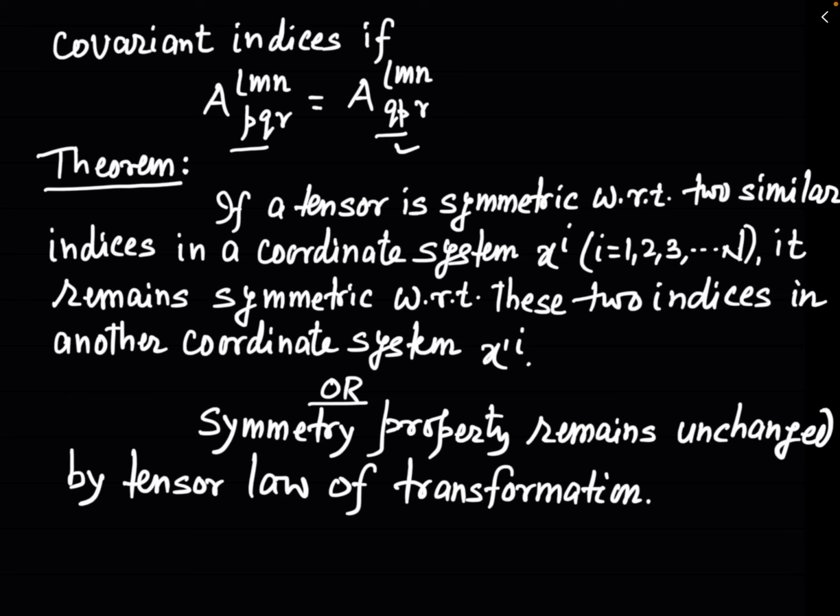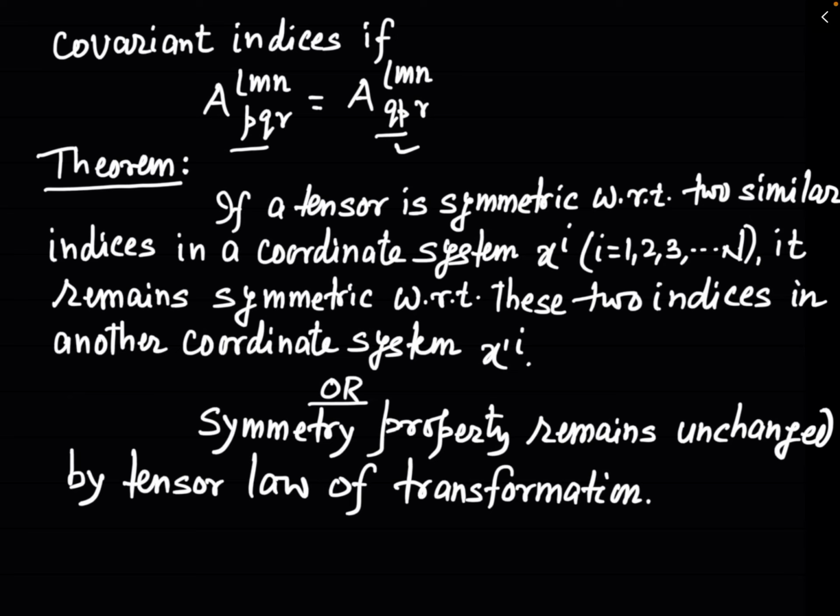So this is the definition of a symmetric tensor, and I hope you have understood this definition clearly. Have you understood or not? I hope you have understood, because this is a very simple concept. Now in this regard we will see a very important theorem. This theorem actually says that the symmetry property does not change under the tensor law of transformation.